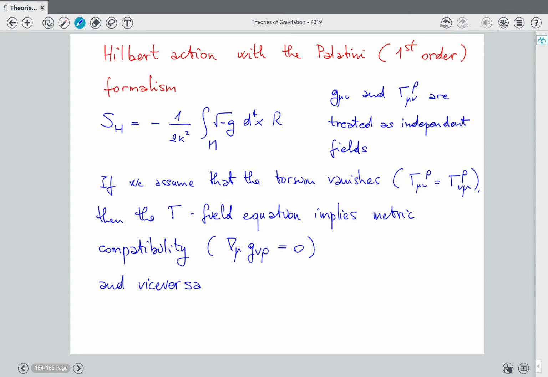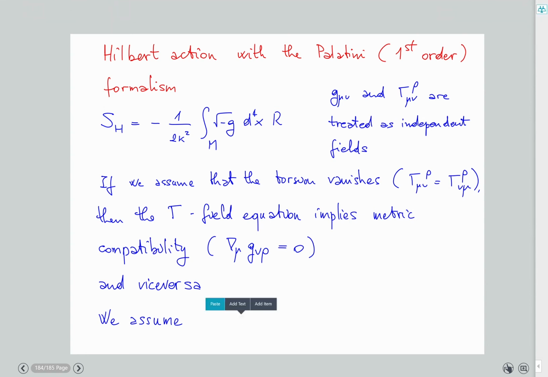So we assume this, which is simpler because we do not have to pay attention to the order of those two indices.